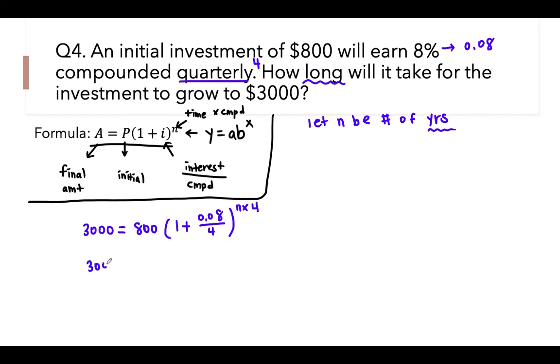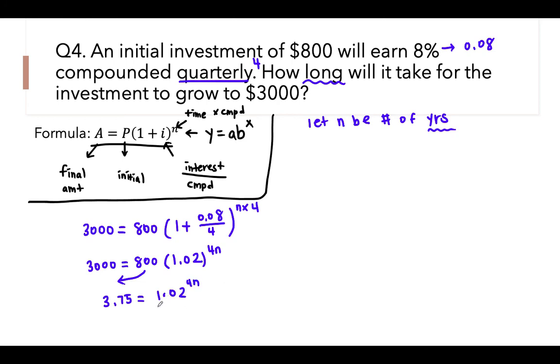It's 3,000 equals 800 times, if I do 0.02, so it's 1.02 to the power of 4n. Now I'm going to move 800 to the other side. So it's going to be 3.75 equals 1.02 to the 4n.